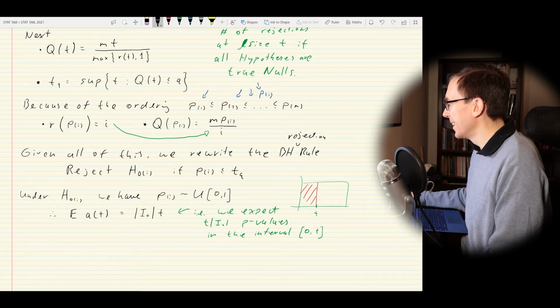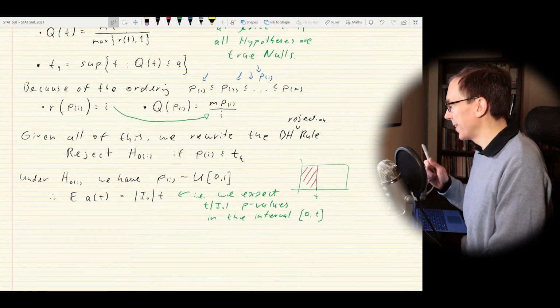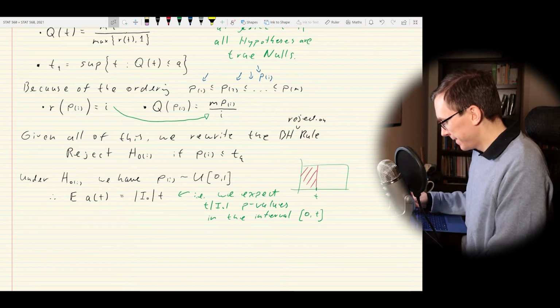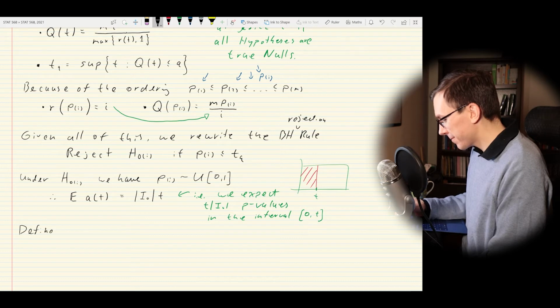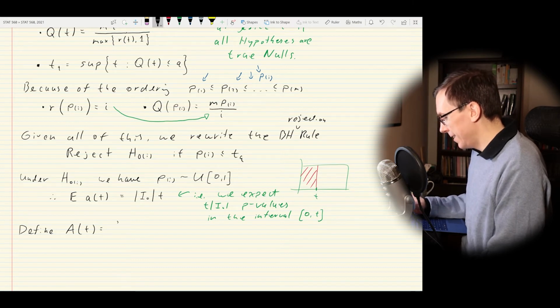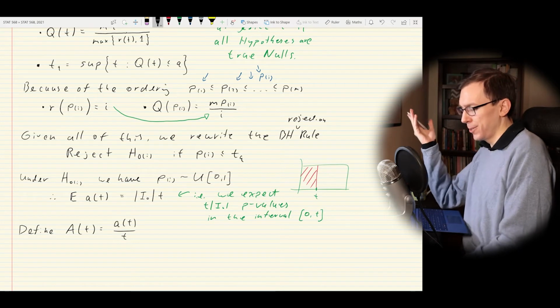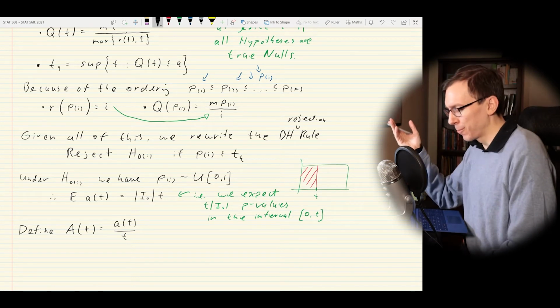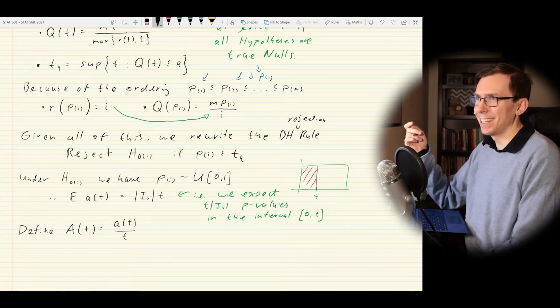And now we get to have some fun with even more notation and eventually a martingale. So we have another definition. We define A-bar T to be little a at T divided by T. So you're just normalizing AT based on the length of the interval.